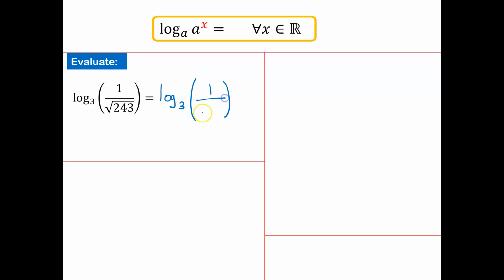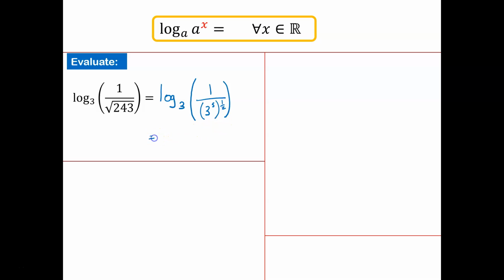We have 1 over square root of 243. Now, 243, what is that? Can we write it as 3 to the power of something? Yes, we can. So it's like saying 3 to the 5, and we have the square root of that. Well, let's not write the square root. Let's write down that is equal to the power of a half.